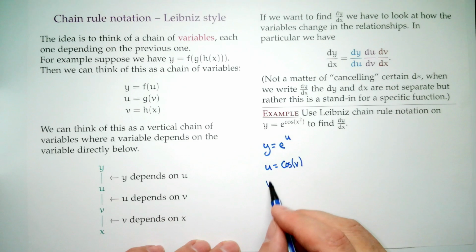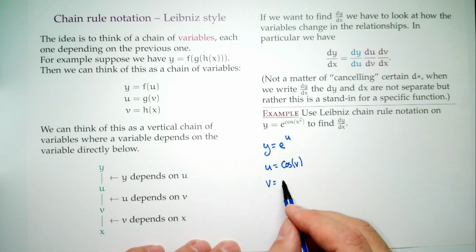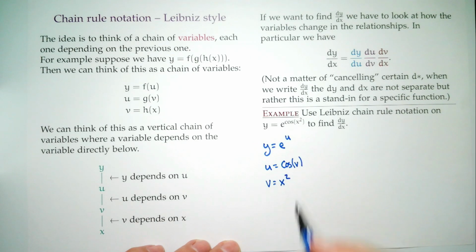Then what is v? Well, that's x squared. Now we've gone down more or less as far as we can go. You could say it's w squared, and then w is x. Okay, fine. So we have y is e to the u, u is cosine of v, v is x squared.